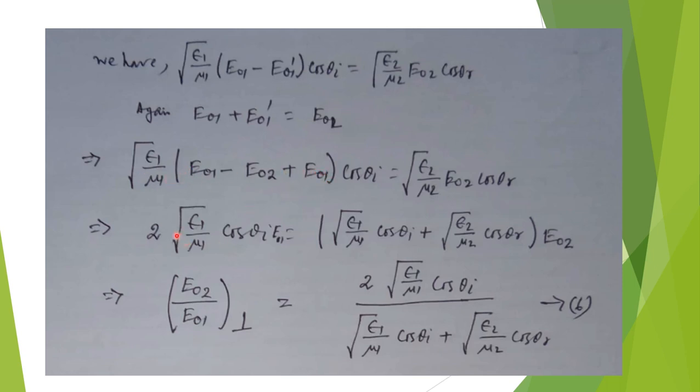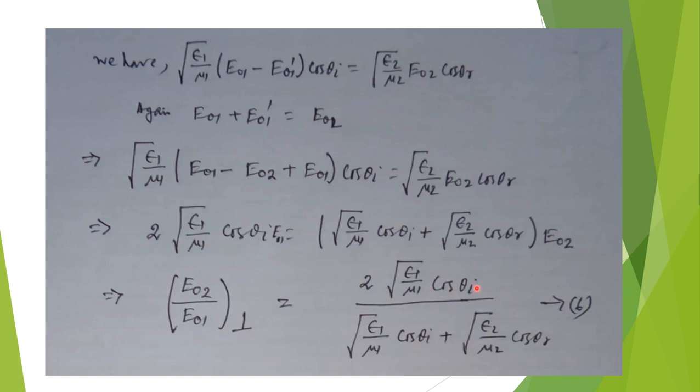Then we write on the left side the component of E01, that is 2 into root epsilon 1 mu1 cos theta I E01 is equal to root epsilon 1 mu1 cos theta I plus root epsilon 2 mu2 cos theta R times E02.